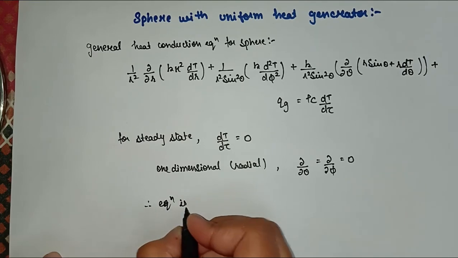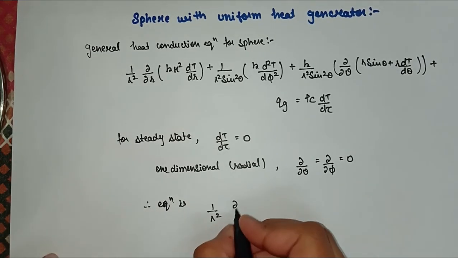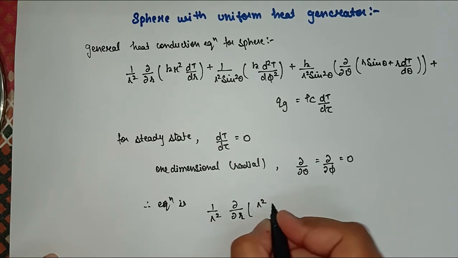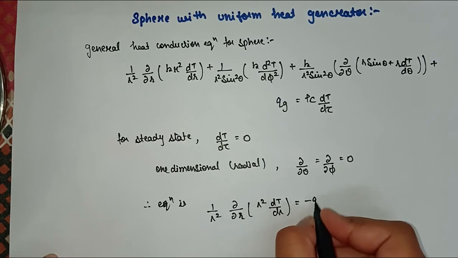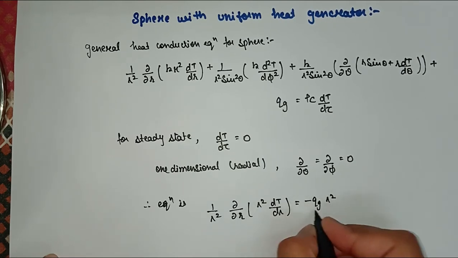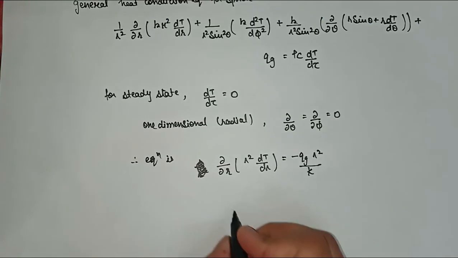Therefore the equation is 1/r square del/del r of (r square dT/dr) equals minus qg/k.